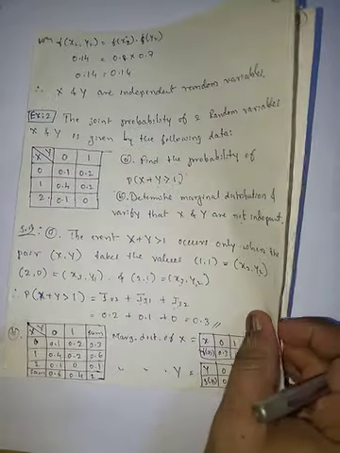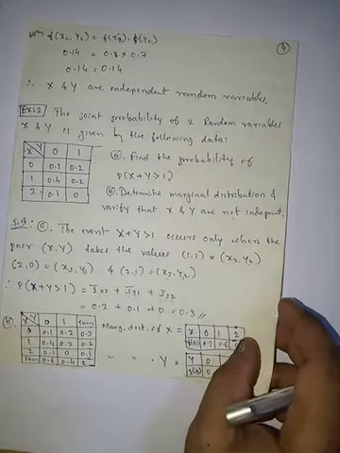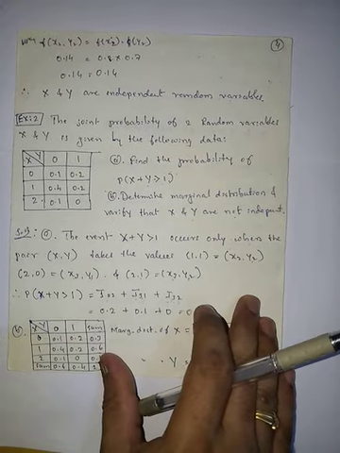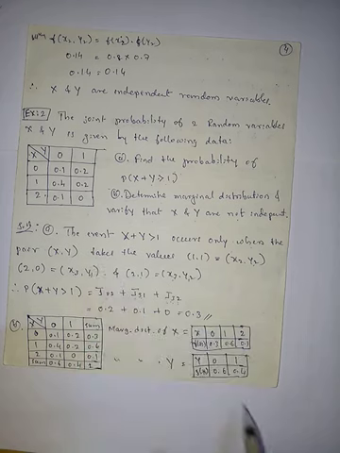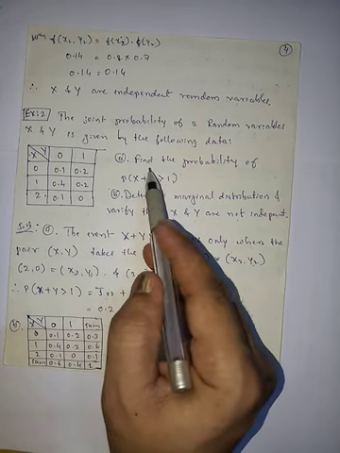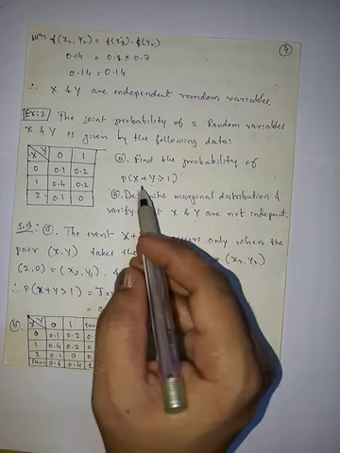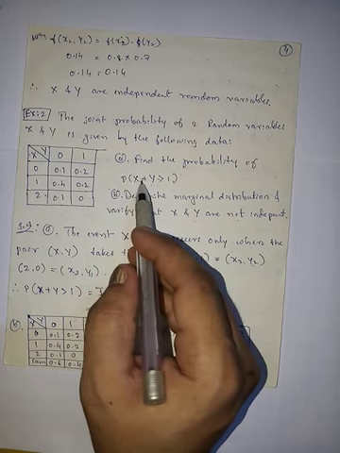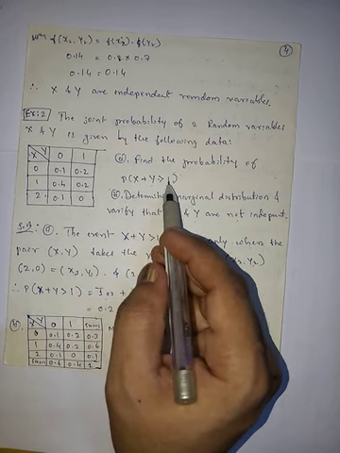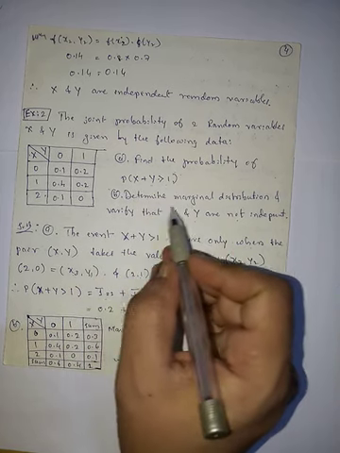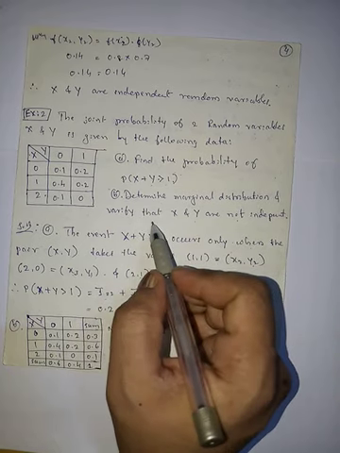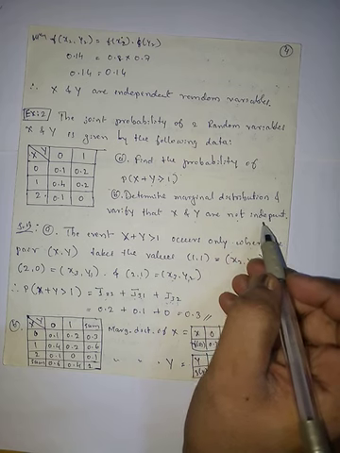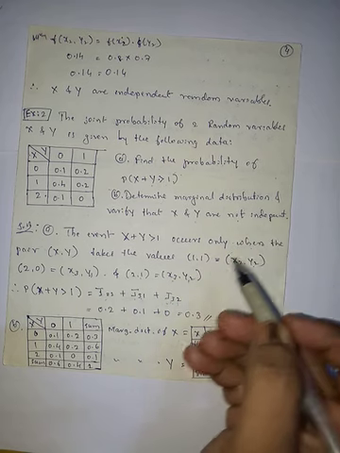Similarly the second problem, where the joint probability table is given and the questions are: find the probability of x plus y greater than 1, find the marginal distribution of x and y, and also verify that x and y are not independent.